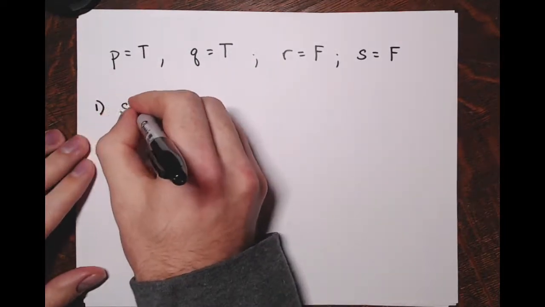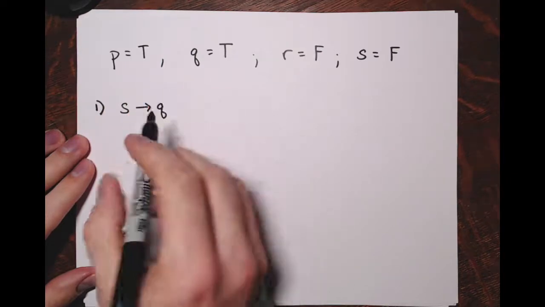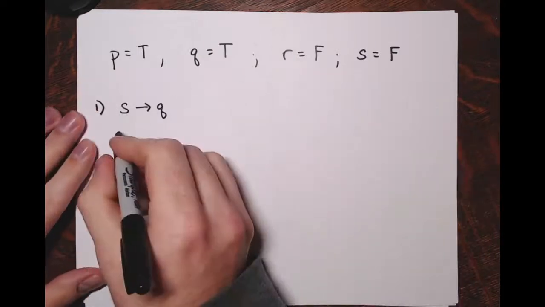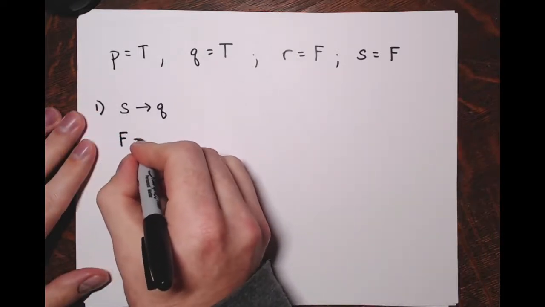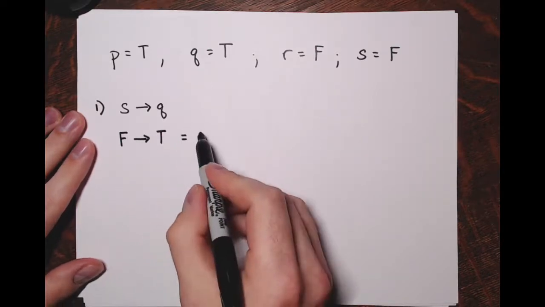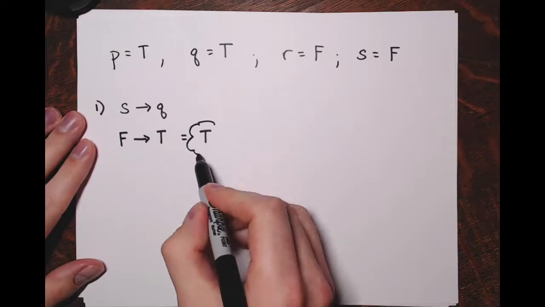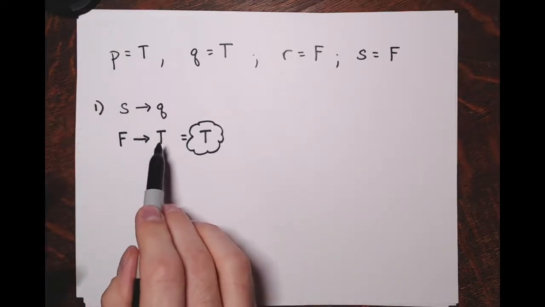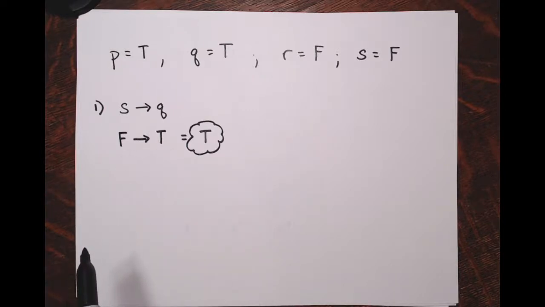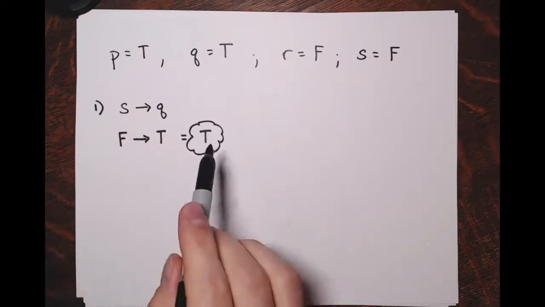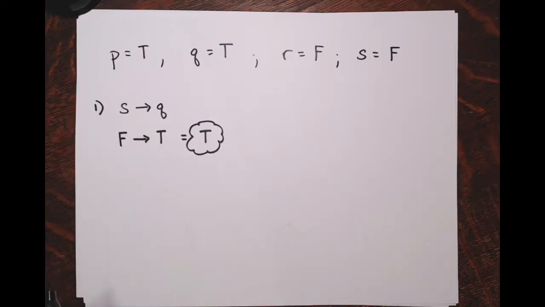The first one I have is S implies Q, or if S, then Q. So replacing with the truth values, we have a false statement implying a true statement. Remember, this is going to be a true statement. I mentioned this earlier: you have a hypothesis and a conclusion when you have this single arrow. If the hypothesis is false, the conditional statement is considered true. It doesn't matter what the conclusion is. Remember that. So that's a true statement.